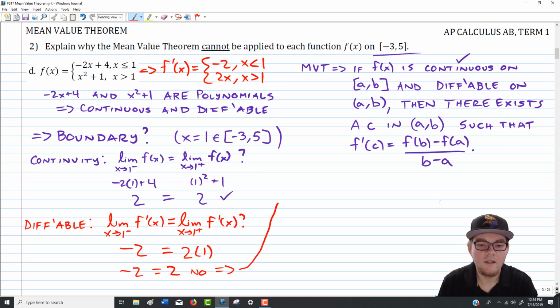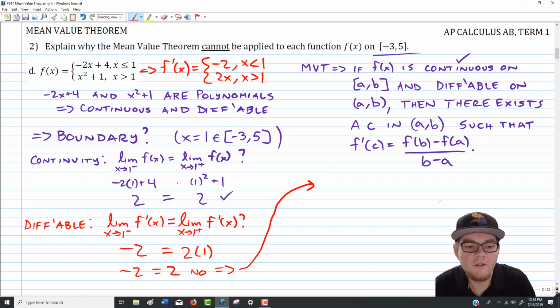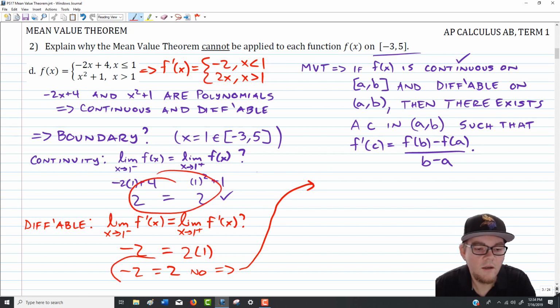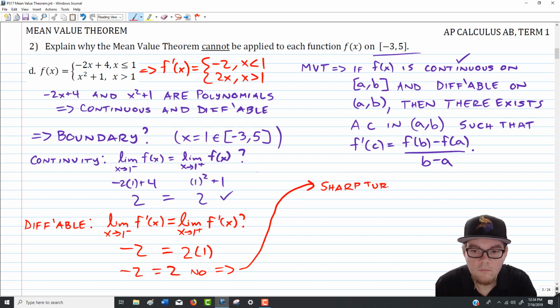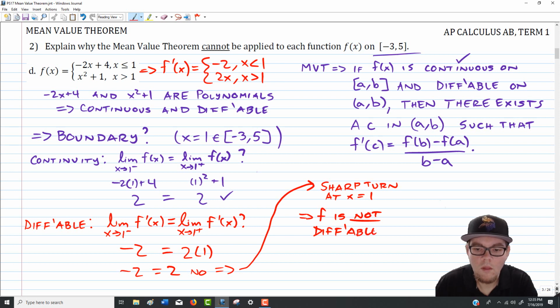And what that tells us is that we have just discovered that because the function is continuous at x equals 1, but not differentiable, or the slopes don't match, that means that we have a sharp turn at x equals 1, which implies that f is not differentiable on -3 to 5. And of course, the reason that's important is the mean value theorem doesn't apply.